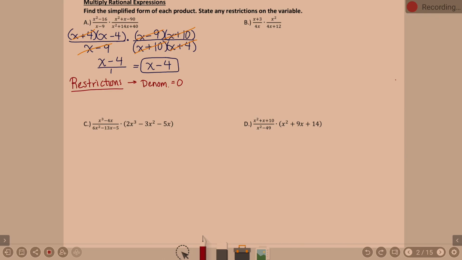So we're going to set x minus 9 equal to 0, x plus 10 equal to 0, and x plus 4 equal to 0. What are my restrictions? X cannot equal 9 and 10.